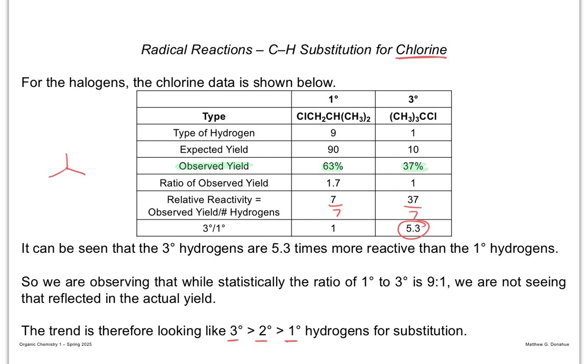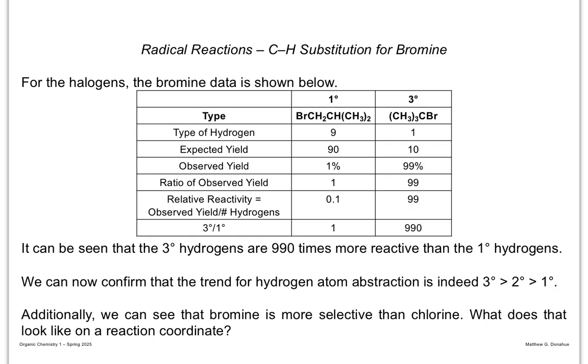You're going to see that number jump quite a bit when we switch over. We have the same substrate, but now we use bromine. Notice the observed yields. For the primary, it's 1%. The tertiary, it's 99%.